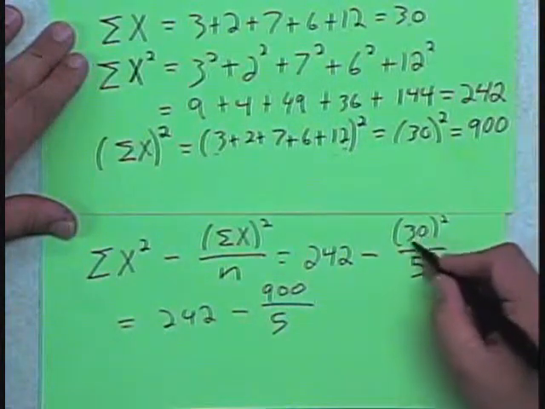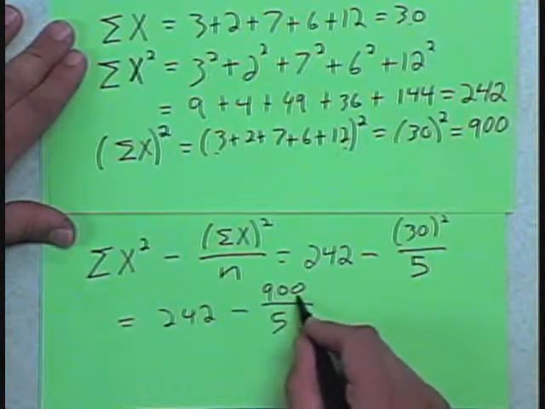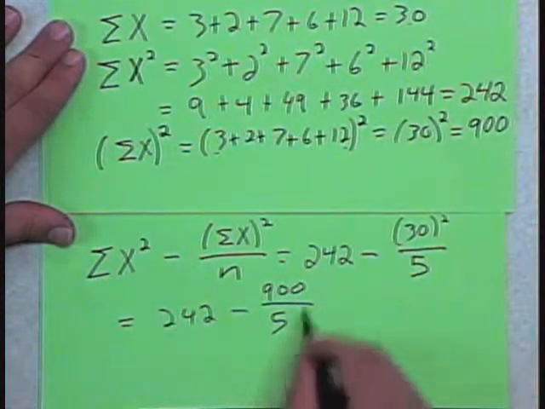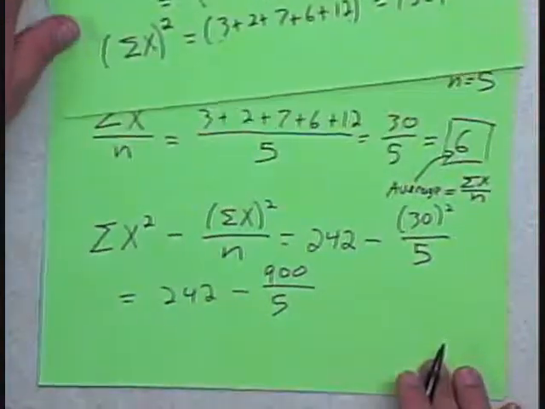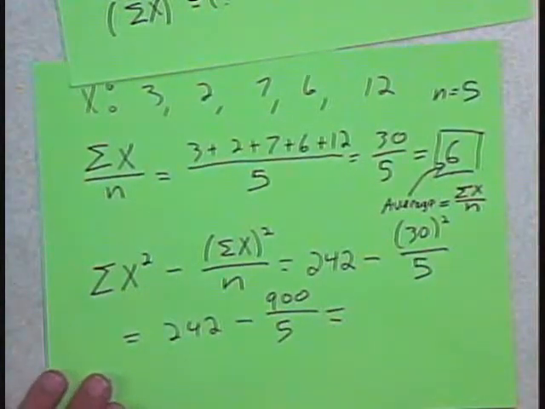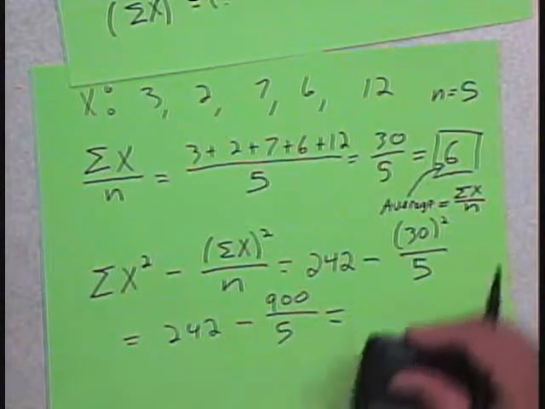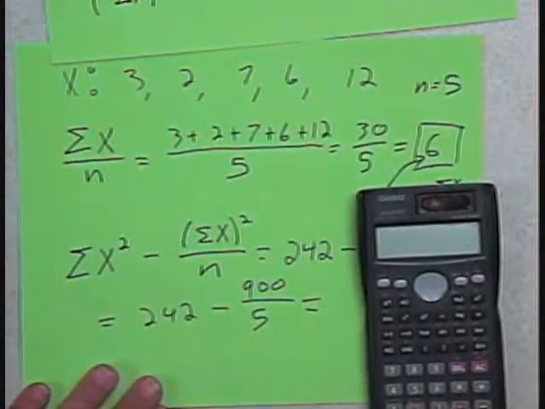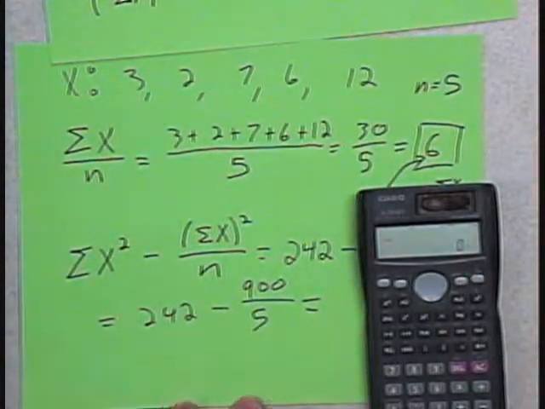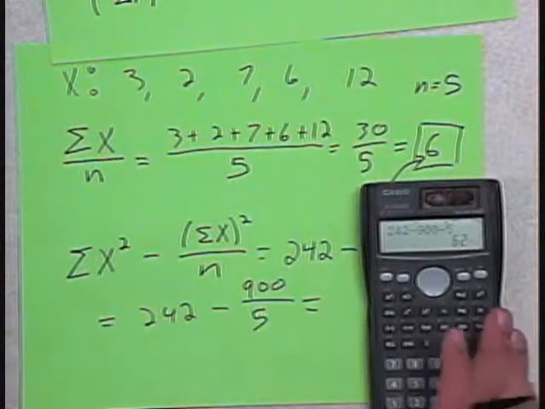Okay? So you can either do the sum of x quantity squared, or if you've already done the sum of x quantity squared, which is 900, then I could just do 242 minus 900 divided by 5. And then I can just plug this into my calculator. So if I do that, I would get, turn it on first, 242 minus 900 divided by 5, and I get 62.